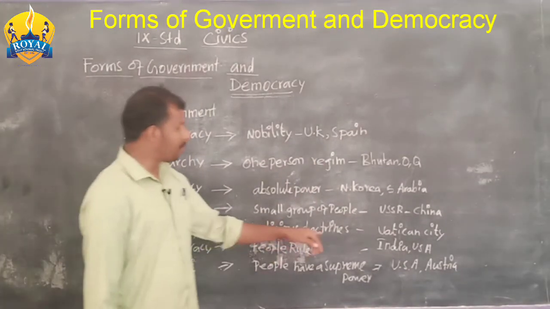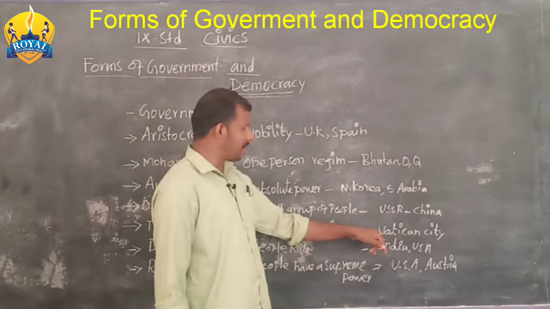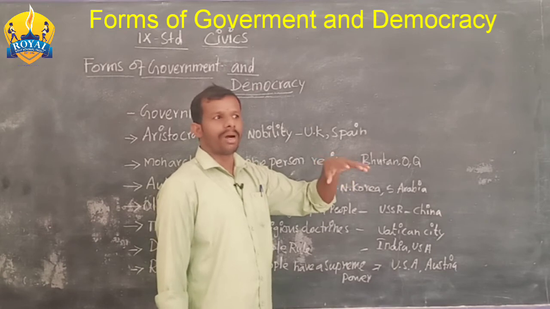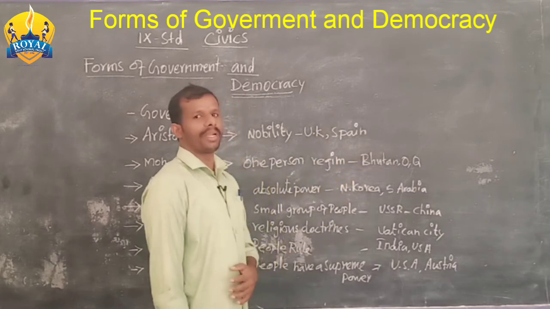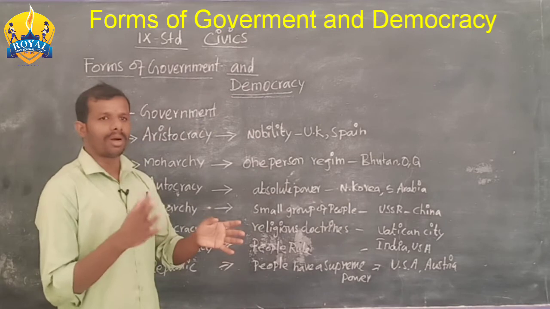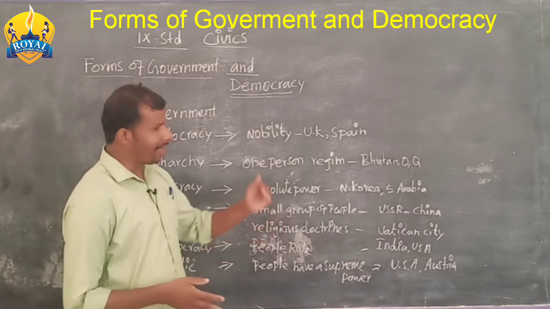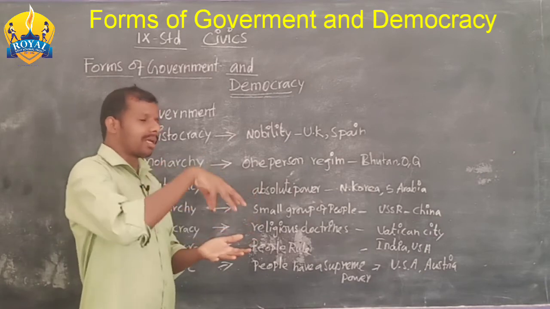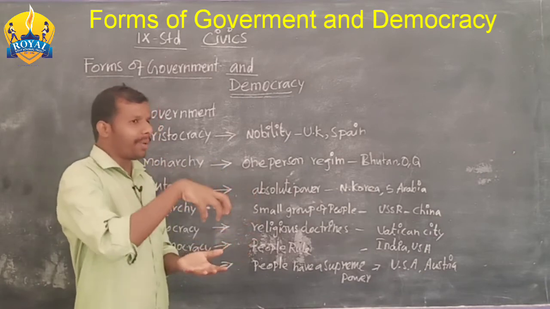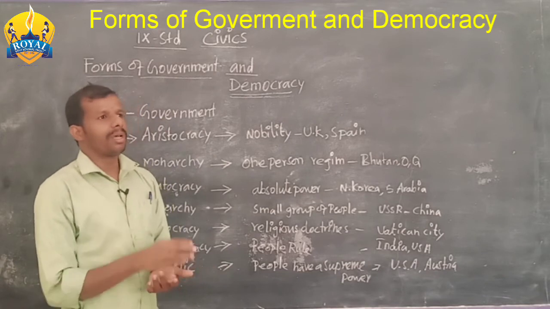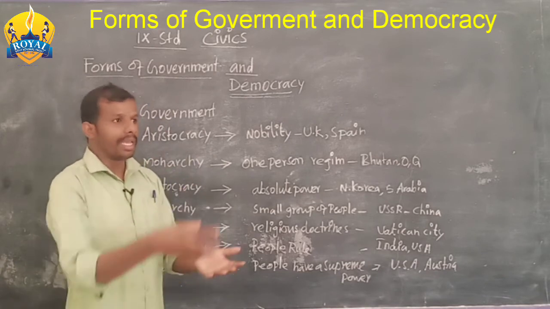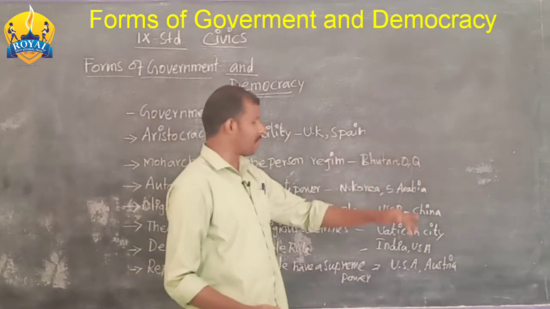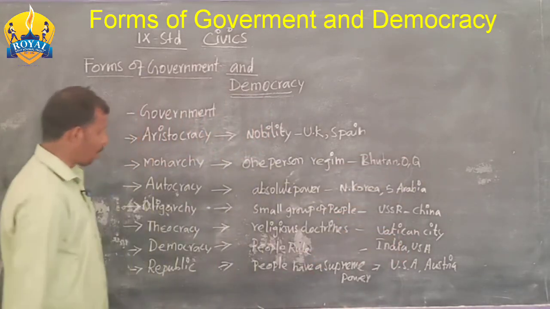That form of government exists in the world in Vatican City. Do you know Vatican City? It is the world's smallest country. The Pope is the head of the country. Do you know, children? It is surrounded by the capital of another country. Which capital? Italy's capital is Rome. Within Rome itself, one country survives. That is Vatican City.